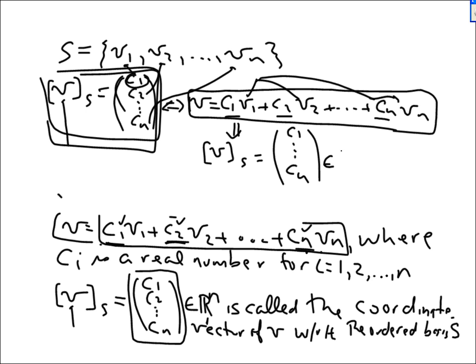And this is in R^n. Why? Because it's a column vector, and it has n entries.